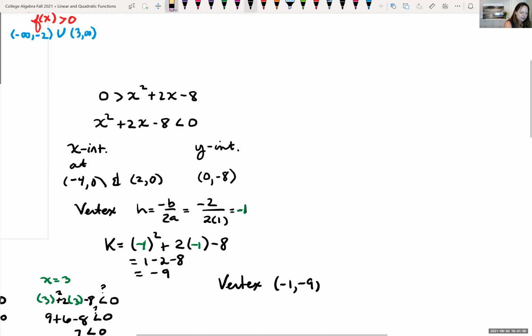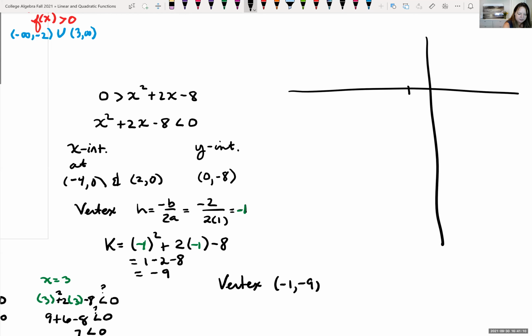at -1, -9. So -1, -9. We had x-intercepts at -4 and at +2.